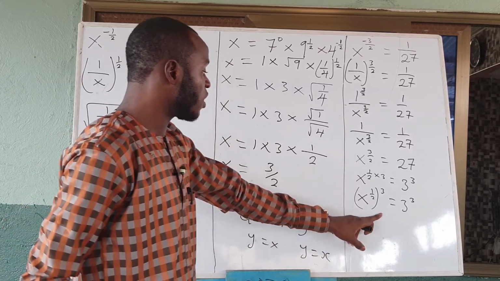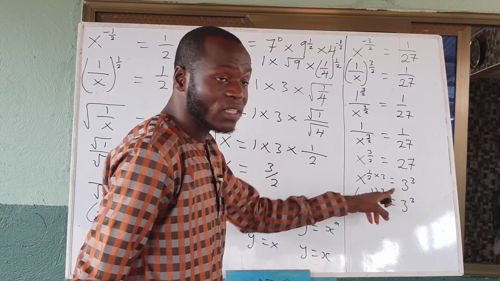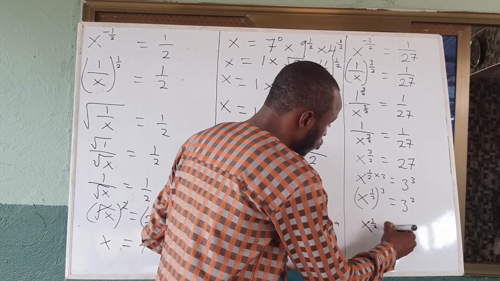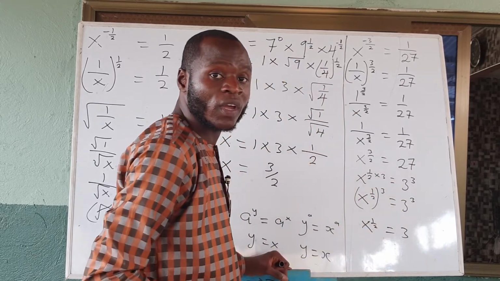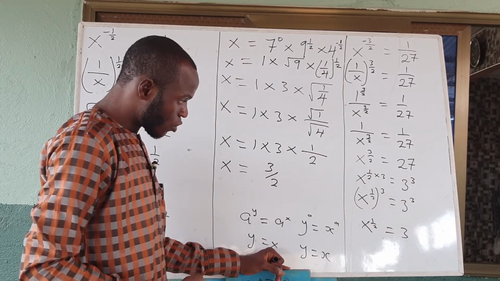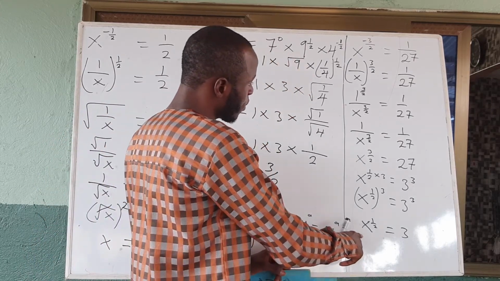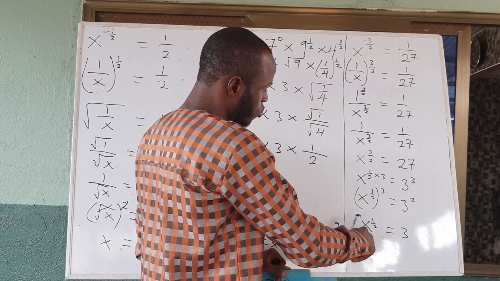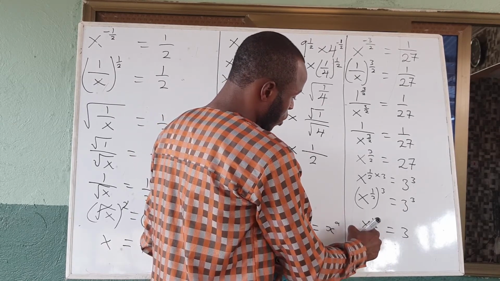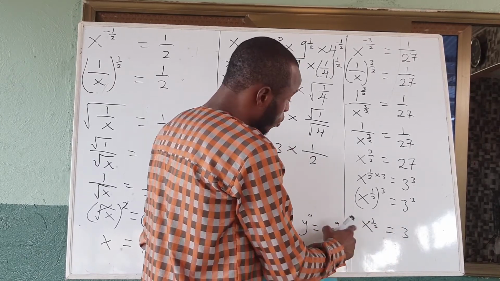X. So the same thing that we have here: we have this base, but the powers are the same, so we just equate the bases. So x to the power 1 over 2 equal to 3 over here. So what we do is we can square both sides of the equation.